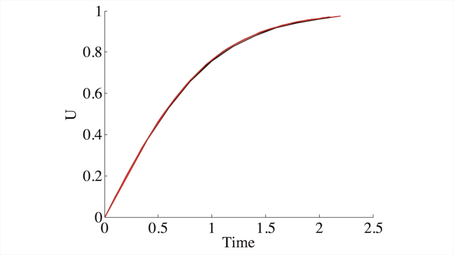So we are looking at the second order Euler method applied here to this nonlinear differential equation, and we can see that the different black curves are virtually indistinguishable from the red curve, and those were obtained with delta t of 0.2, 0.1, and 0.05.